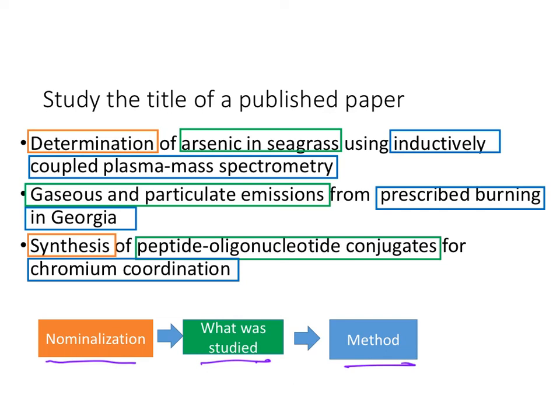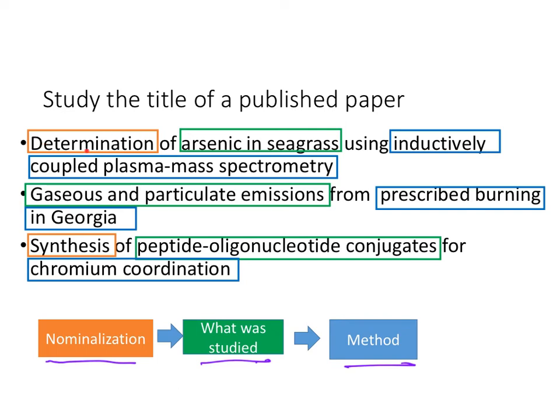If we look at this first title, Determination of Arsenic in Seagrass Using Inductively Coupled Plasma Mass Spectrometry, this one is very straightforward and follows the pattern described on the previous slide very easily. The nominalization is determination.